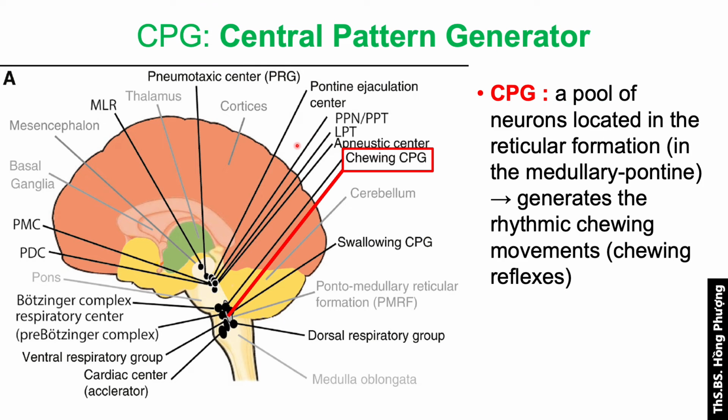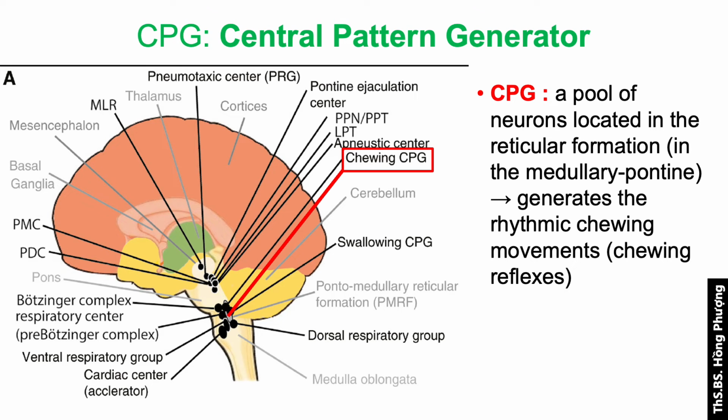The central pattern generator is a pool of neurons located in the reticular formation. This is located in the medullary pontine region and is used to generate the rhythmic chewing movements.